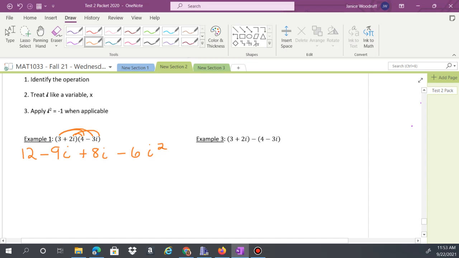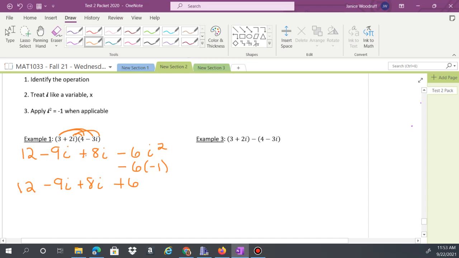Okay, i squared is negative 1. So this is going to become negative 6 times negative 1. What's negative 6 times negative 1? Positive 6. Okay, so my problem comes down like this. 12 minus 9i plus 8i plus 6.